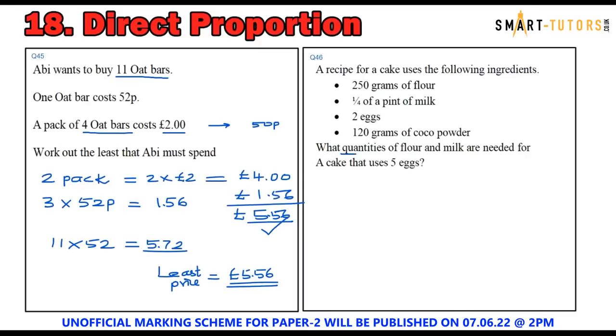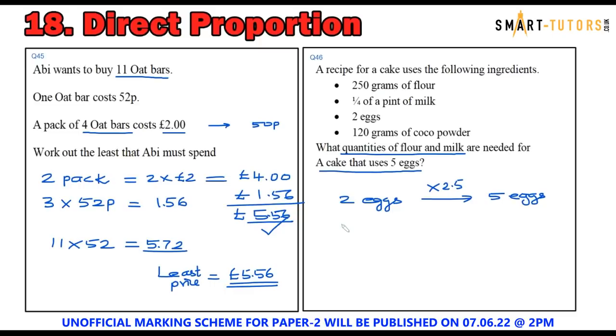What quantities of flour and milk are needed for a cake that uses 5 eggs? So the 2 eggs recipe is given, and you are going to calculate the 5 eggs recipe. So times by 2.5, because 5 divided by 2 is 2.5.